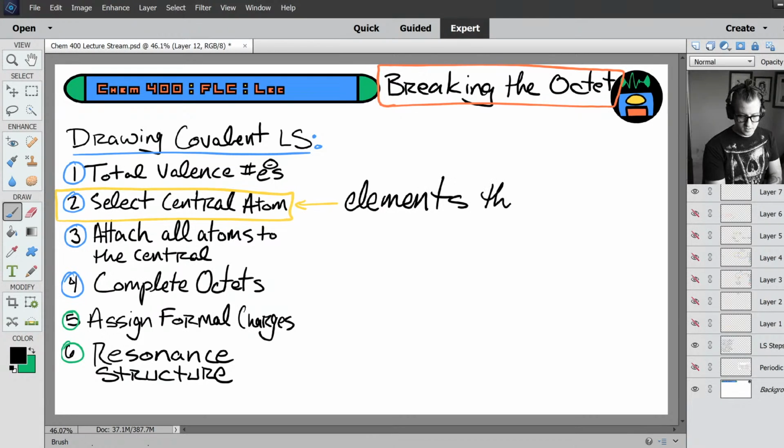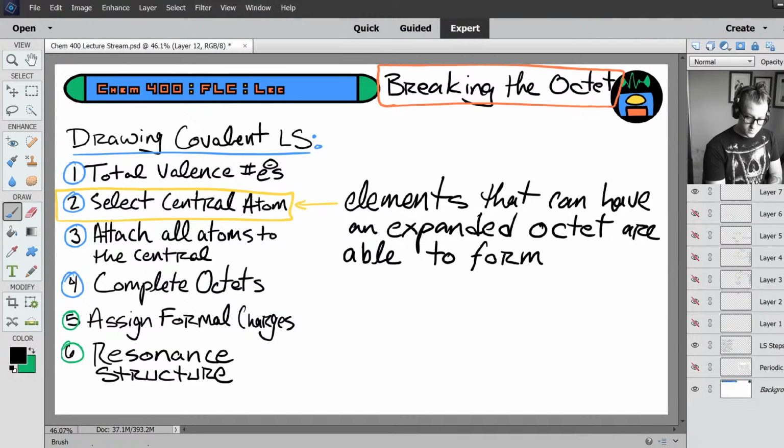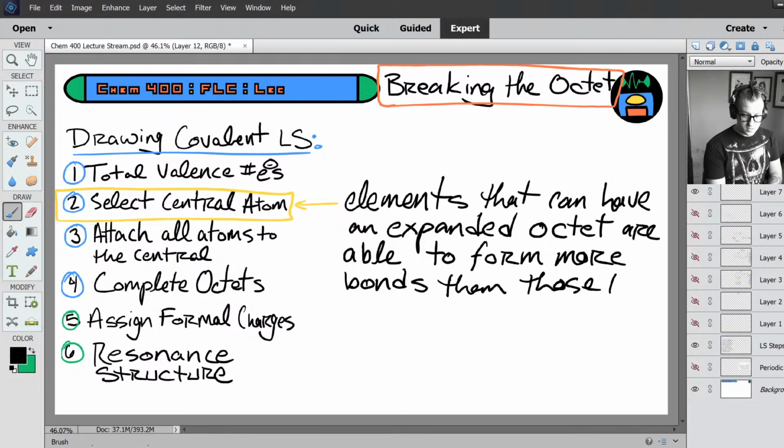Elements that can have an expanded octet are able to form more bonds than those that cannot.